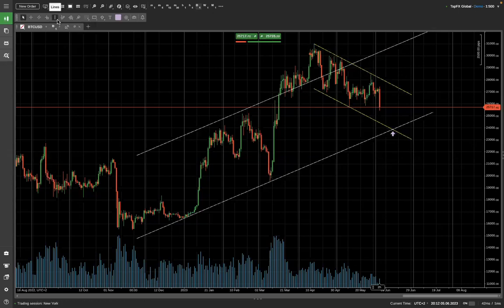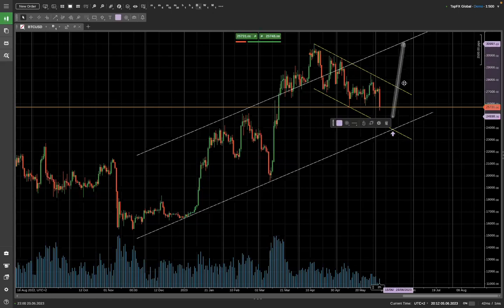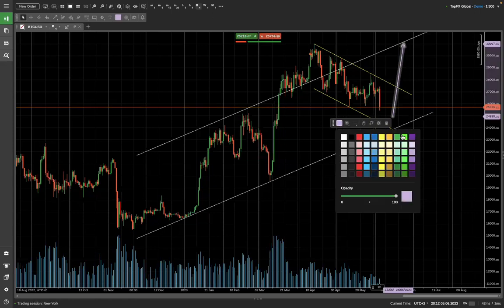So let me just show you guys what we are looking for. Let me take the arrow line, and you can see that what I mean is a breakout straight to the upside. This is our line, a very thick upper arrow. So this is what we need.